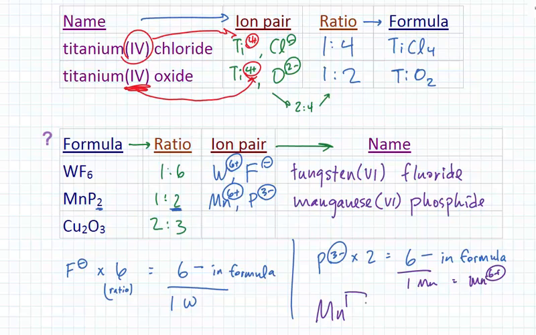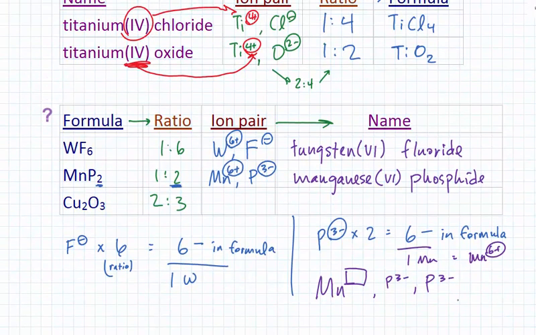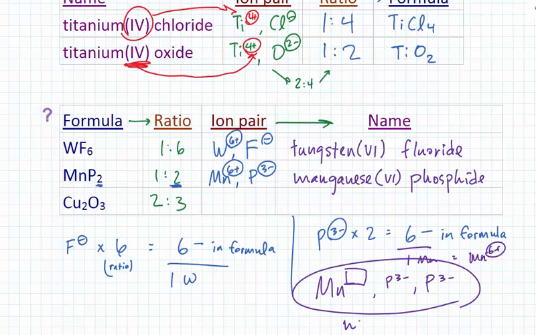So manganese, don't know what its charge is yet, but I've got a P3 minus and another P3 minus. Knowing that that group has to be neutral, the only thing we can do is to put a 6 plus in there to make it work out that way.